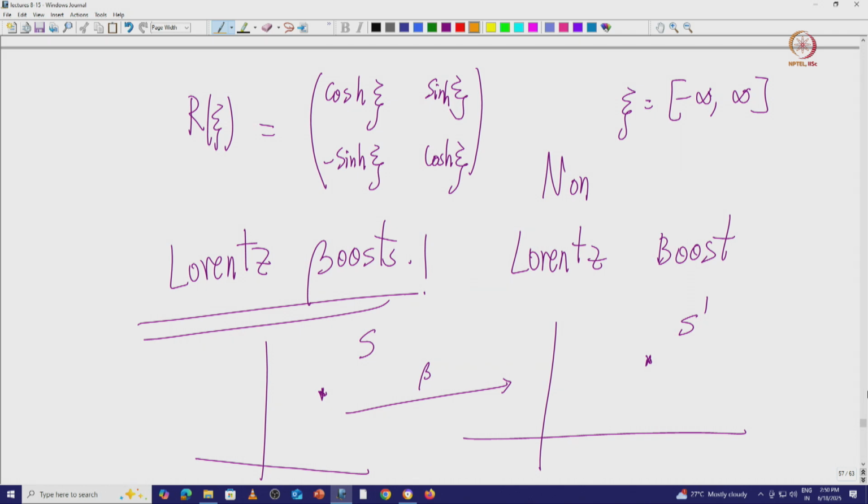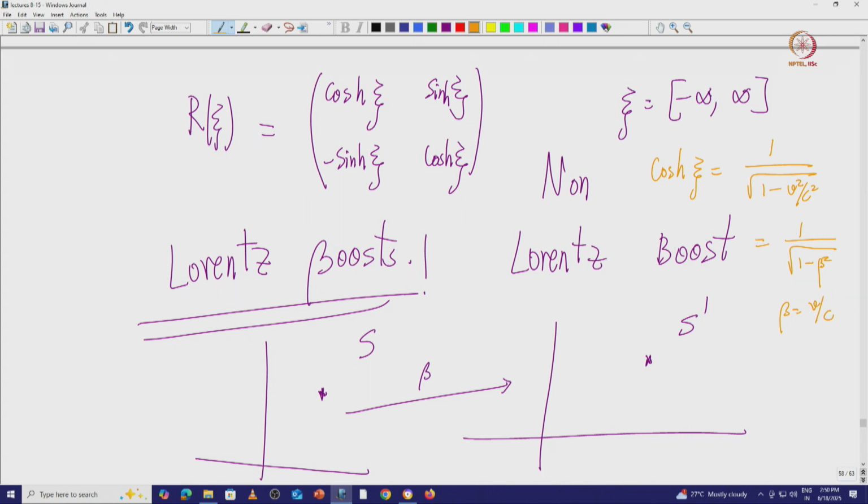I didn't define what cosh xi was. So cosh xi is nothing but 1 by root of 1 minus v square by c square, that is with c equal to 1, this just becomes 1 by root of 1 minus beta square, where beta is equal to v by c.